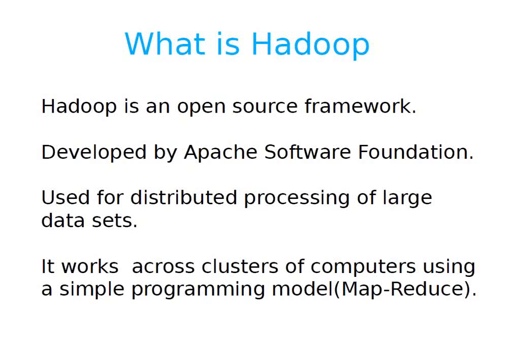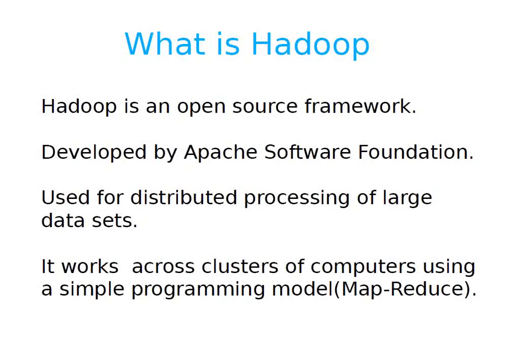MapReduce. So MapReduce is a programming model, or you can say MapReduce is a special type of Java program which is capable of executing on multiple machines. You know that a simple Java program can be executed only on a single machine, but as we are doing distributed processing, we need something which can be executed on multiple machines at the same time so that we can achieve parallelism.